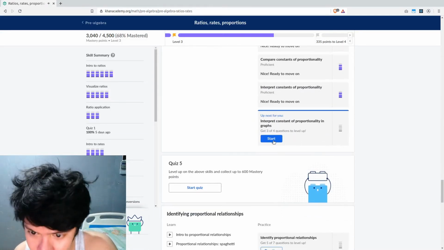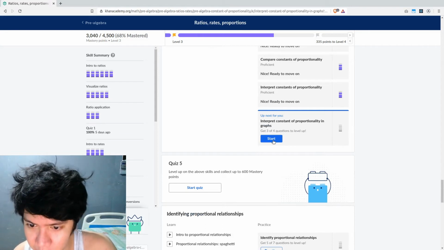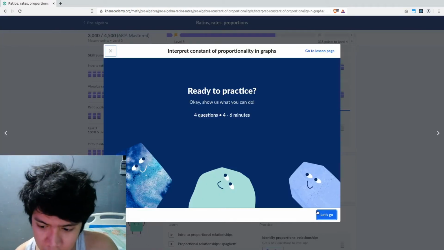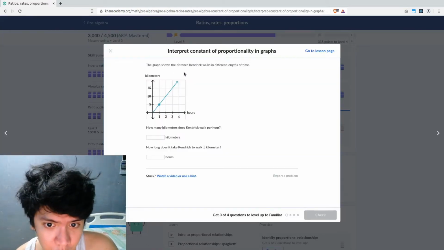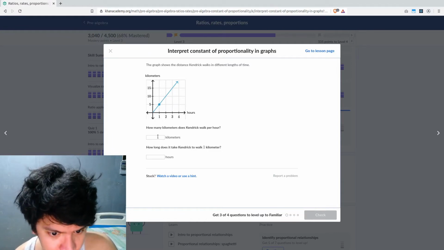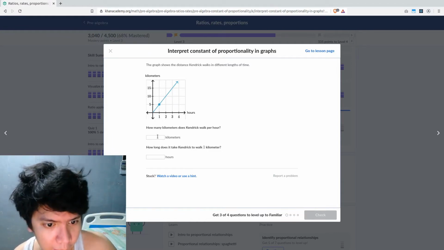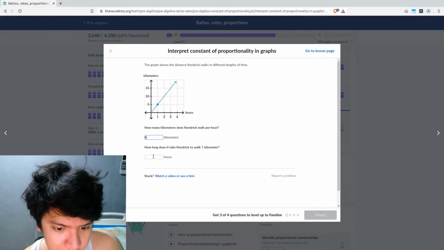Okay, one more. Interpret constant of proportionality in graphs. Okay. Per hour you walk for 5 kilometers. How long does it take 1 kilometer?